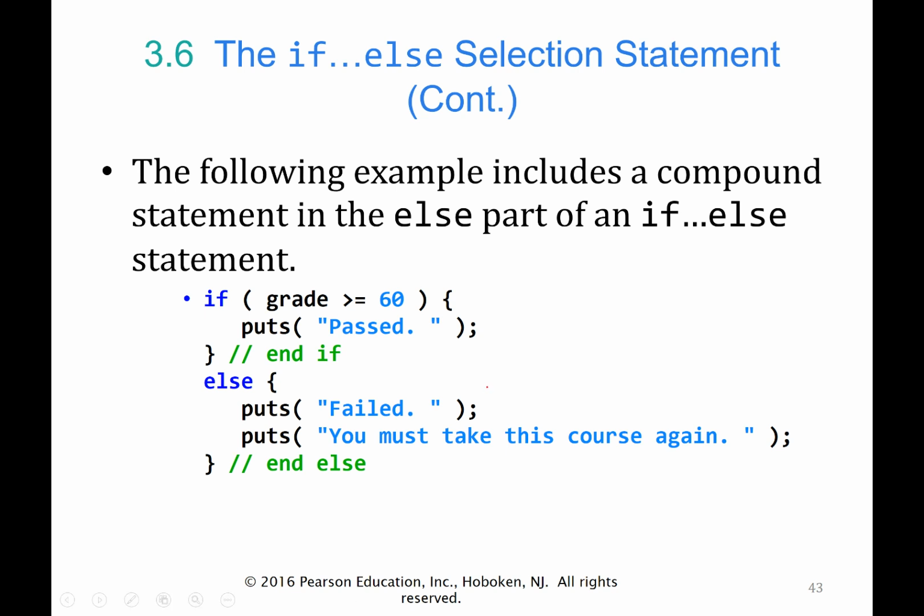So his style is he puts the beginning brace at the end of the if line, and he puts the ending brace on a line by itself. I know some programmers will put the beginning brace under the if, so the beginning and the ending braces are right above and below each other.